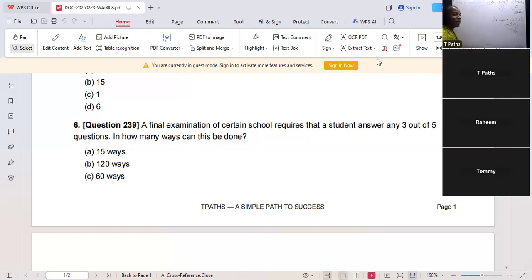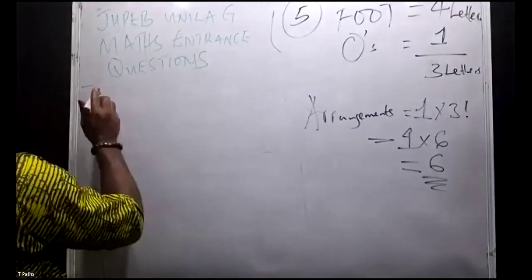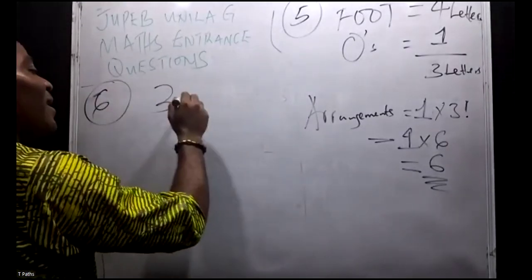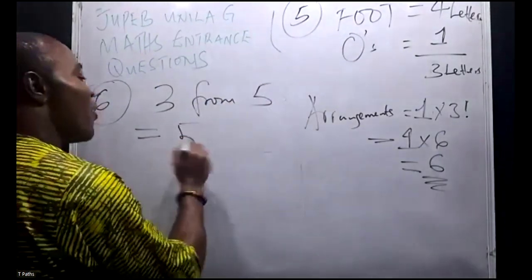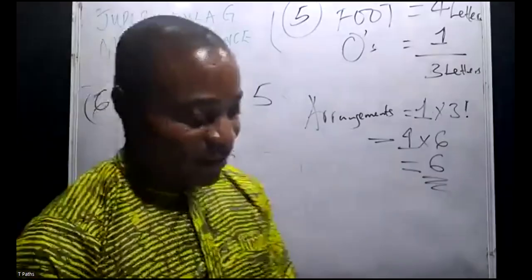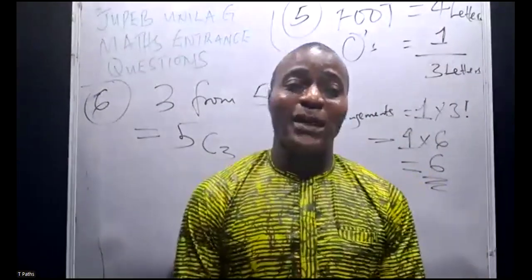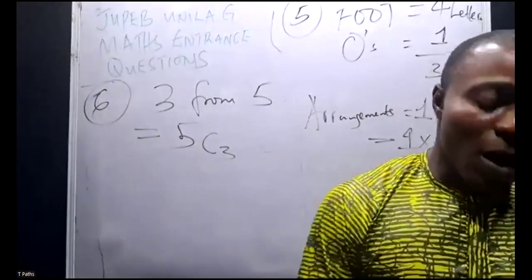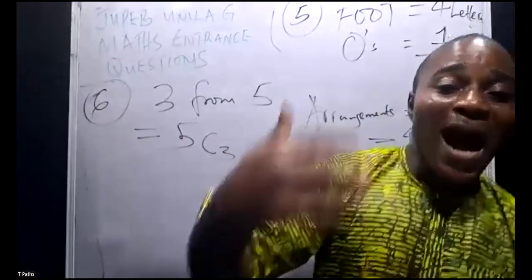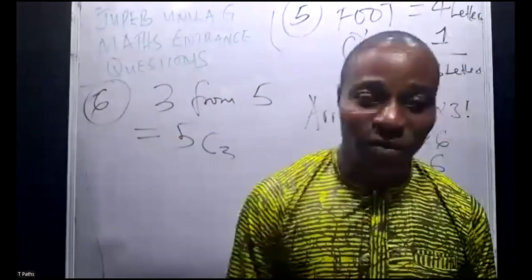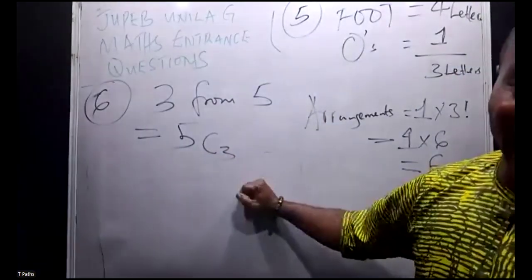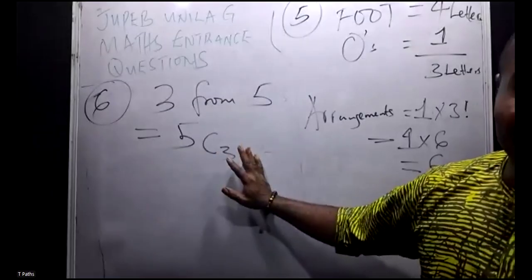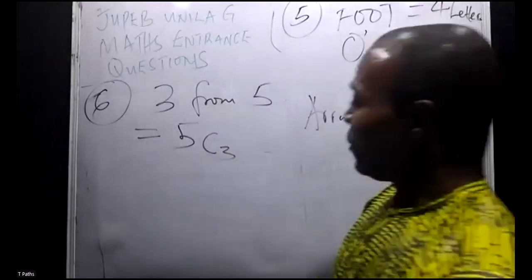Attempting 3 questions out of any 5 questions, that is 3 from 5, meaning 5 combination 3. A selection of 3 questions out of 5 questions. So let's solve it now.